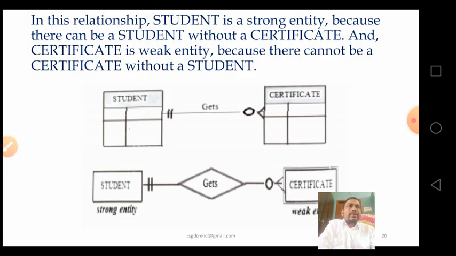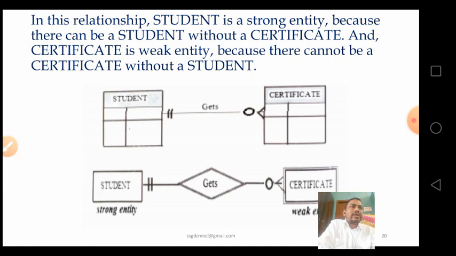In this relationship, student is a strong entity because there can be a student without a certificate, and certificate is a weak entity because certificate depends on the student entity.